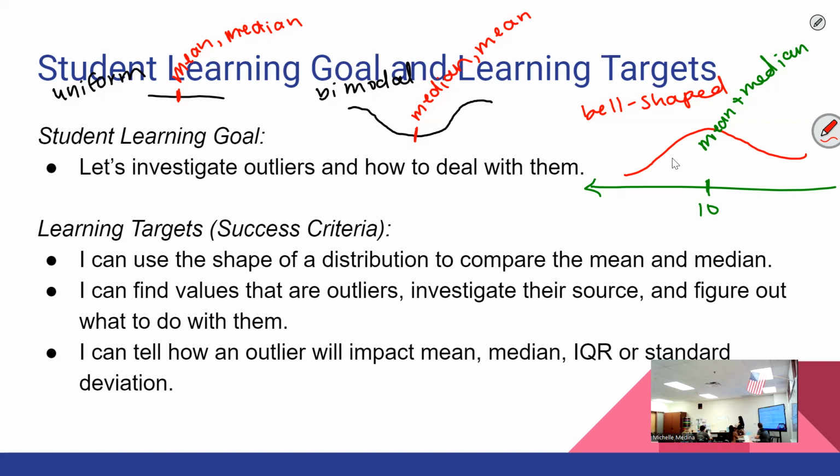When it's not symmetric, that would be our left skewed and our right skewed. So here would be an example of left skewed. Here would be an example of right skewed. Do we also expect the mean and median to be right in the center again? No, it's wherever most of the data is.